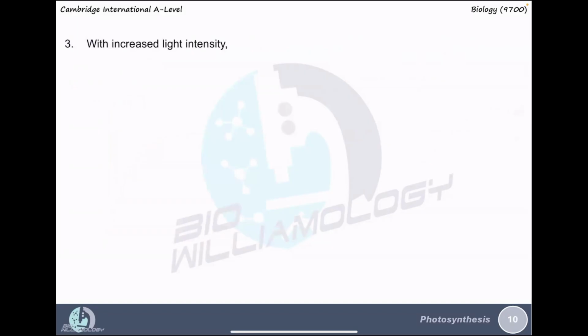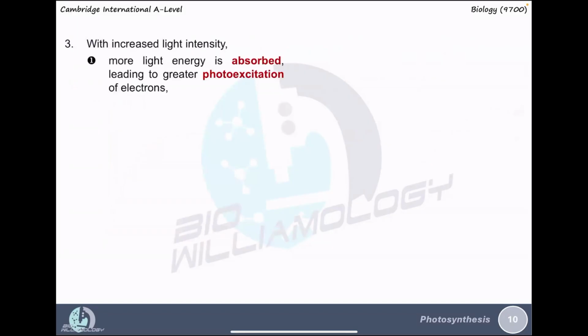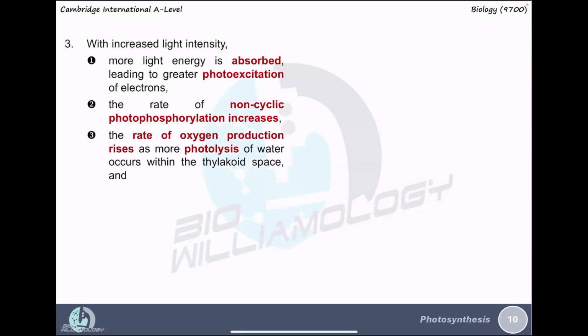So with increased light intensity, more light energy is absorbed, leading to greater photoexcitation of electrons from the reaction center. So the rate of non-cyclic photophosphorylation increases, and the rate of oxygen production rises as more photolysis of water occurs within the thylakoid space.